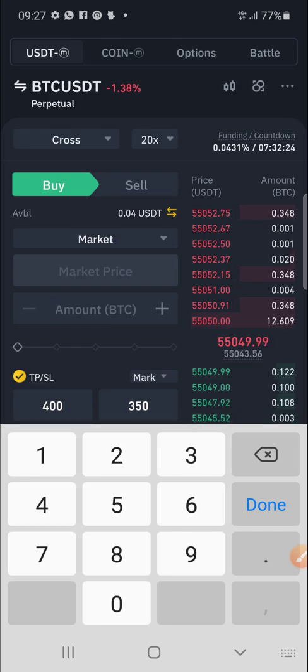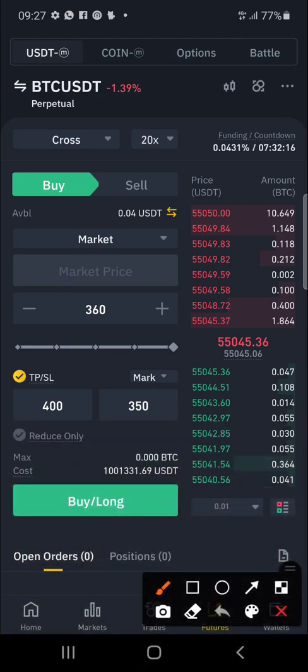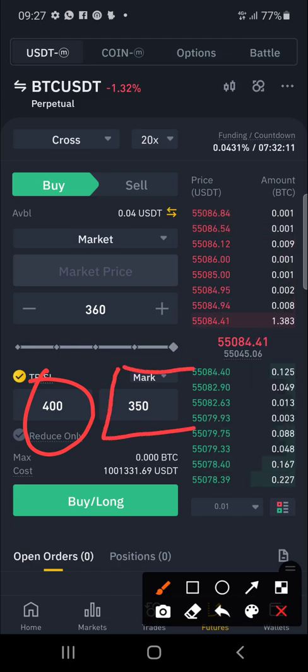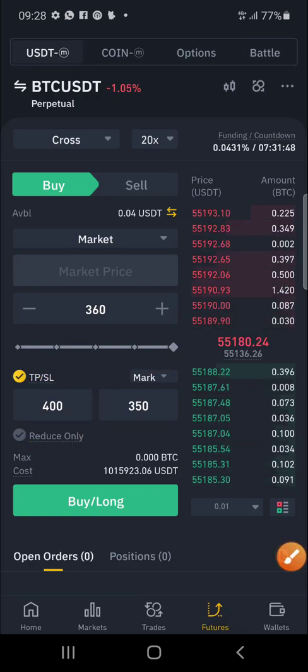You entered it at 360, and you want, when it gets to 400, to take your profit, and when it goes against you, dumps to 350, then you lose only $10. So it means here now you risk $10 to make $40. That's what it means. So do the normal calculation, you understand what I mean.